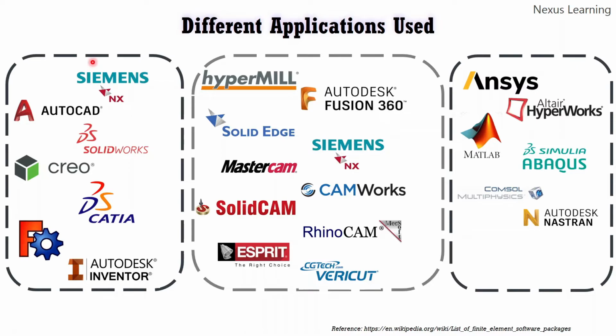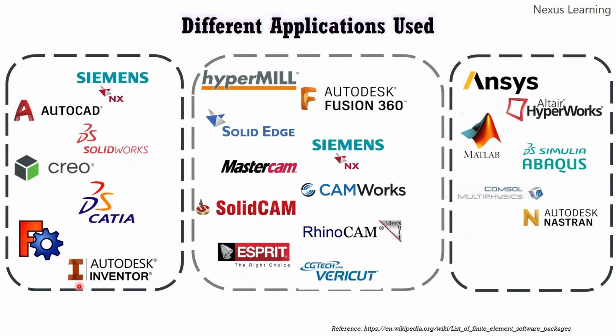There are tons of other softwares as well, which I have not included, but these are some of the famous softwares. So one is Siemens NX or UG, what is traditionally being called AutoCAD, then SolidWorks, Creo, CATIA, then Autodesk's Inventor. All those softwares are widely being used for CAD modeling.